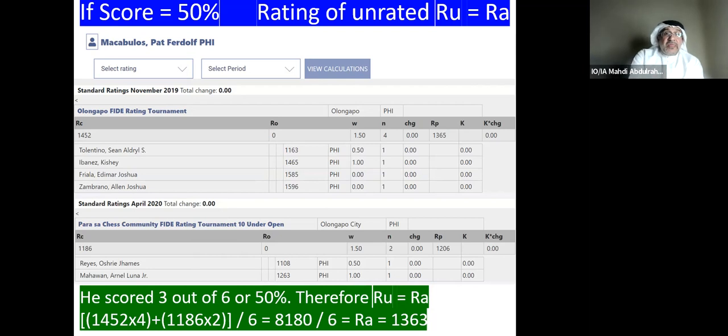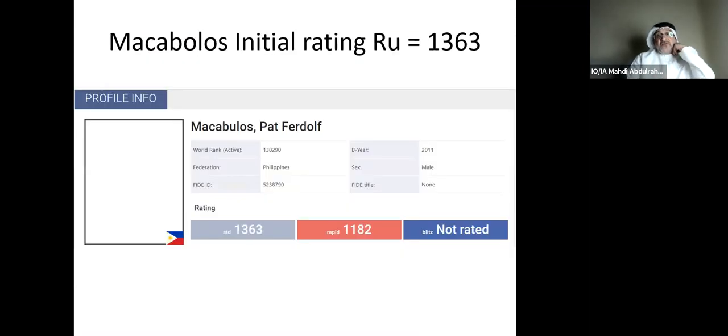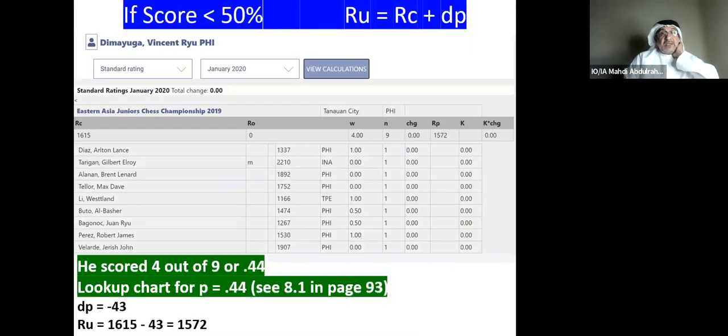Now we go to the third formula. In this case, if he scored less than 50%, here we have another calculation. Because he scored less than 50%, RU equal RC plus DP. Okay, where can we get the DP from?